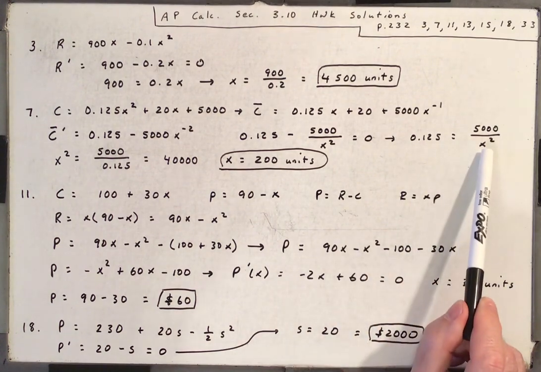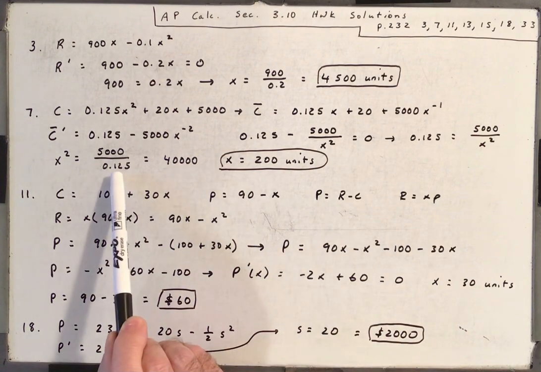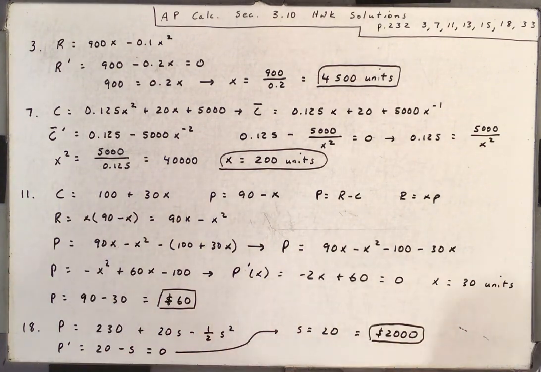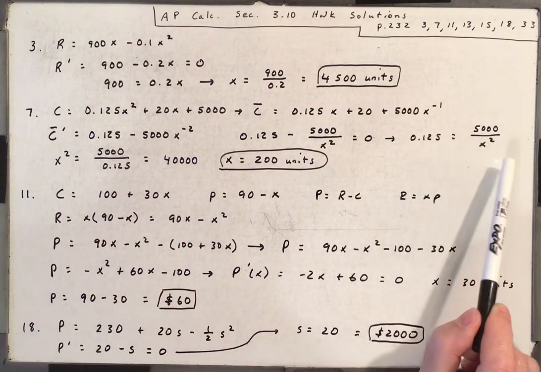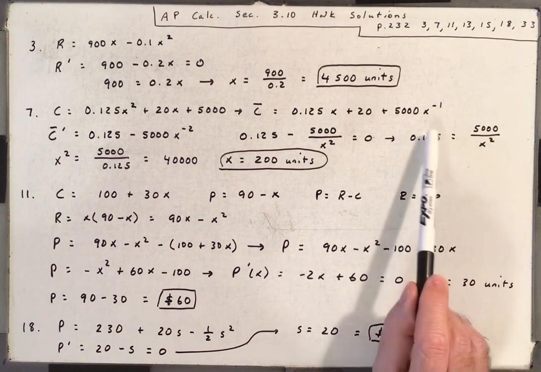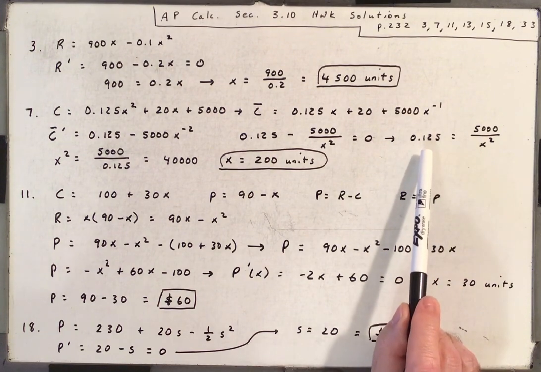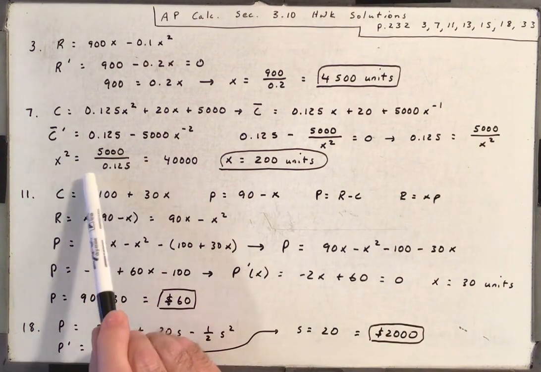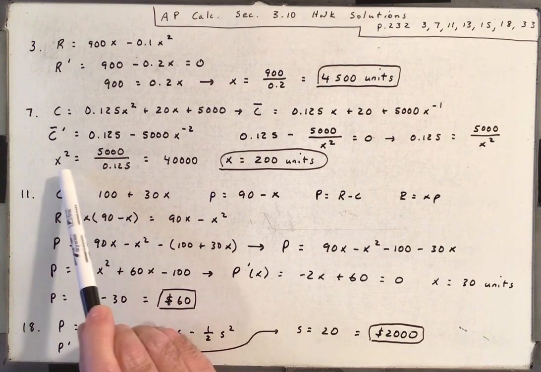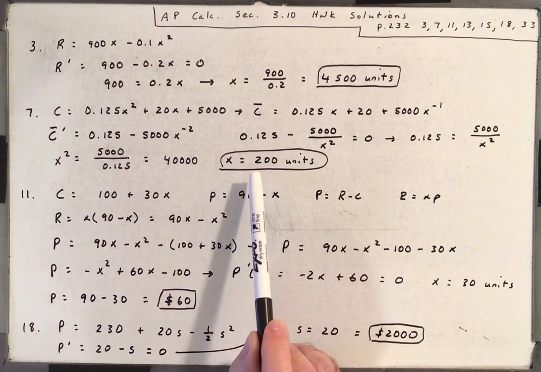And then I can bring that x squared out front and put the 0.125 in the denominator. That's just when you have this kind of equation and you're solving for the variable on bottom, you can just replace the variable on bottom with the number out front. So we have that. And x squared then is 40,000. The square root of 40,000 is 200 units.